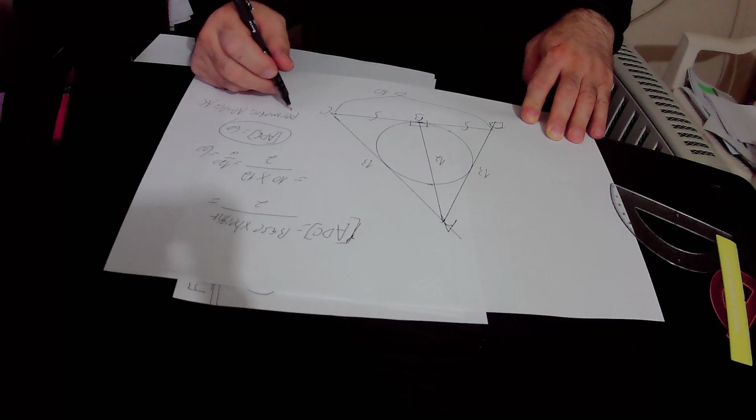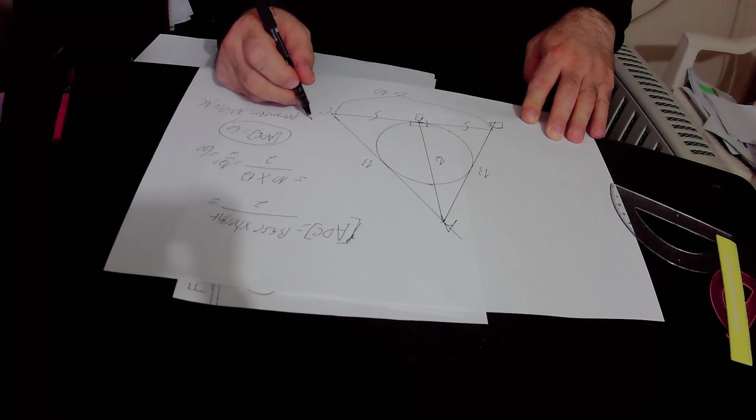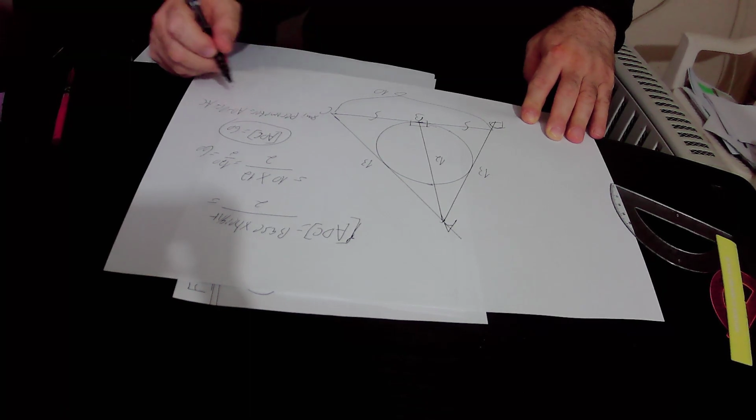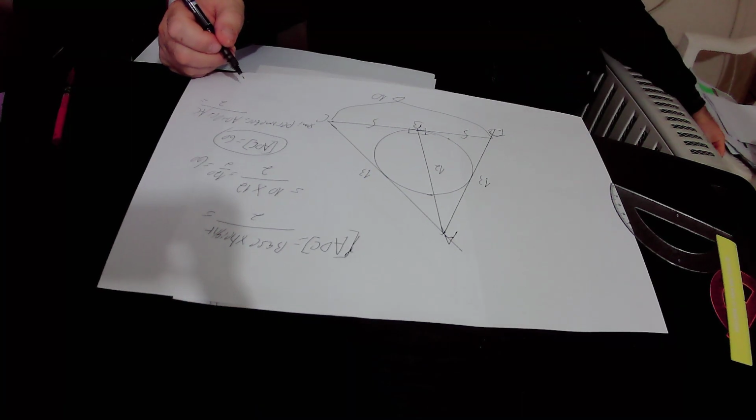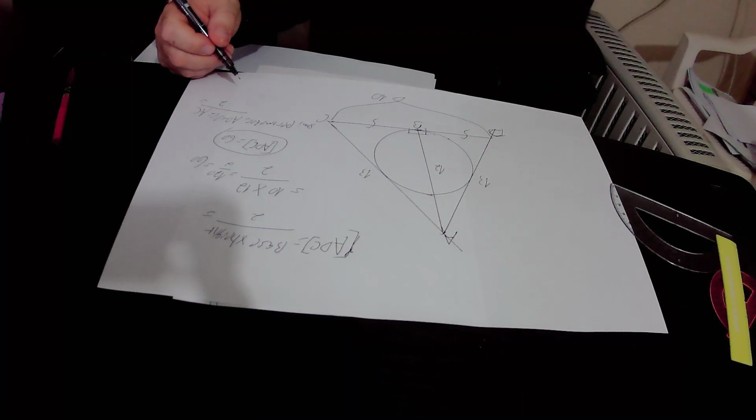That is the perimeter, but we want the semi-perimeter. Semi-perimeter is the perimeter over 2, so we will divide it by 2. So what is the semi-perimeter of triangle ADC?